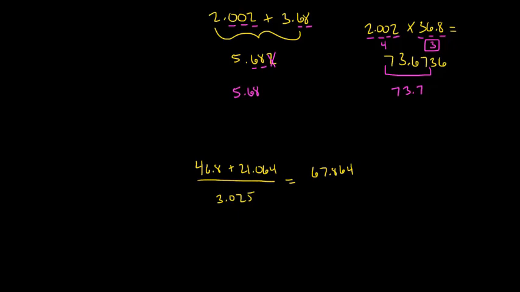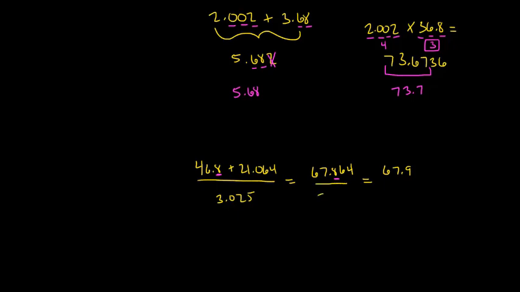Okay? This answer is not quite correct yet for the addition because in this case I have only a single decimal place in this number, meaning this answer should only have a single decimal place. So for the addition part of this calculation, the answer is actually 67.9.